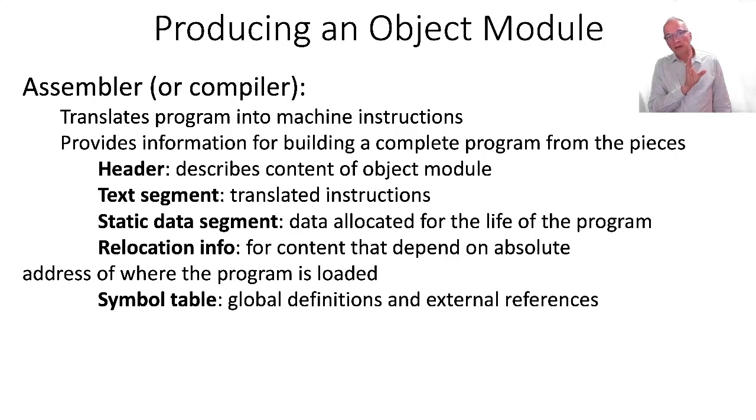The main module will say, I need someone to define a checksum because I'm making reference to a checksum and I don't have it. And the module that has the checksum will say, I define a checksum. That is how those dependencies are resolved.